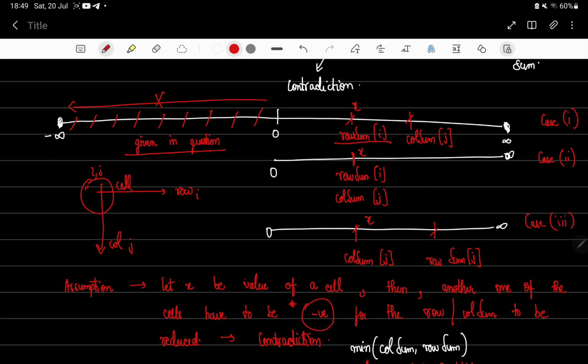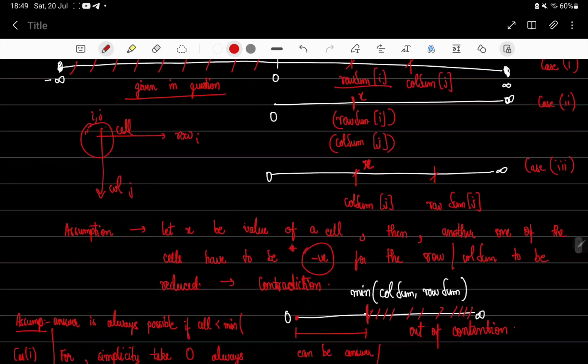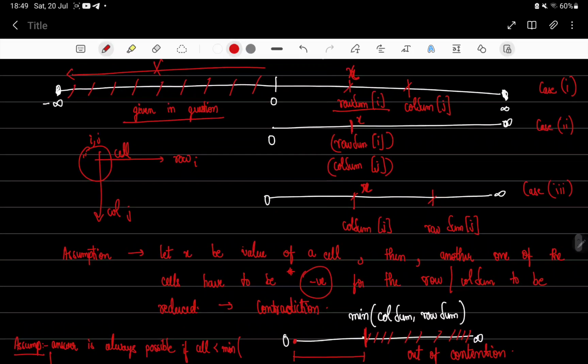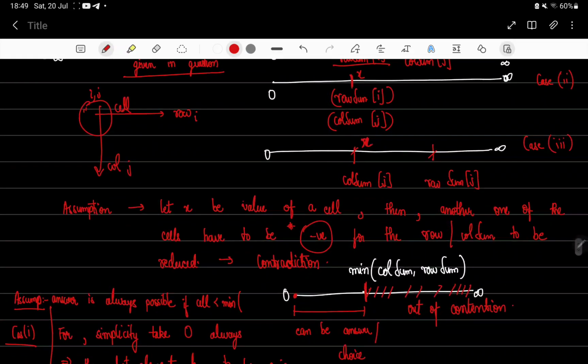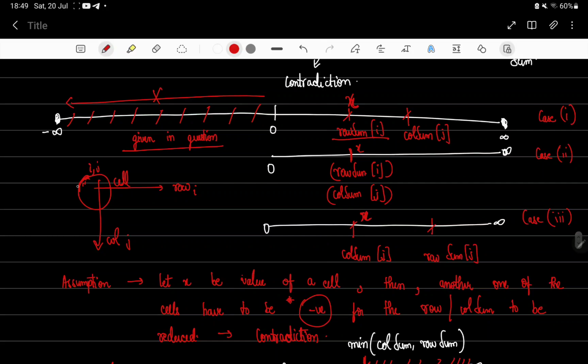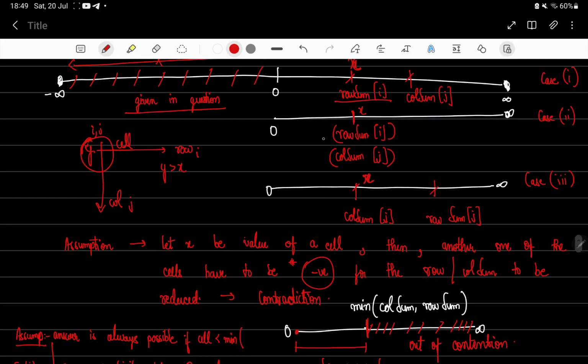Now suppose the minimum of these two is x, let us take x for simplicity. If we take anything greater than x for this cell, say y, where y is greater than x, then I know that the row sum was x only, and the cell value itself is y, but the whole row sum is only x.